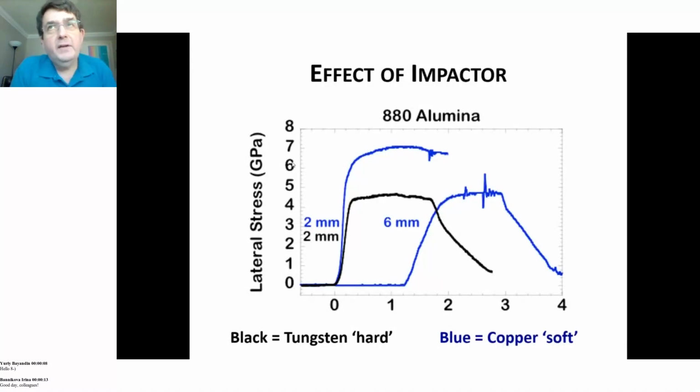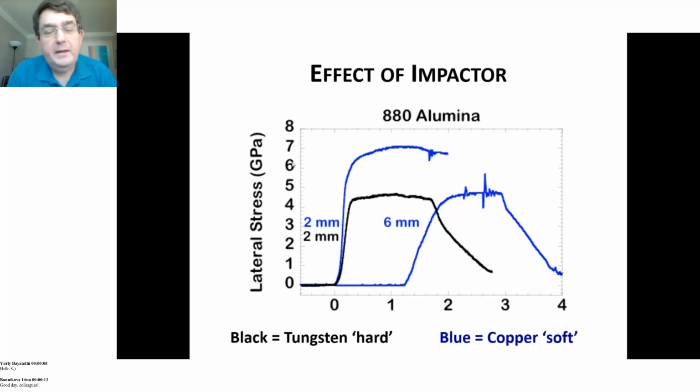Okay. You then change the impactor. You say, forget about cover plates. Let's just hit it with a copper impactor, or let's just hit it with a tungsten impactor. And what we see here is that if you use a copper plate, measuring the lateral stresses at two distances from the interface, for the copper at 2 millimeters, you're going to a much higher lateral stress.